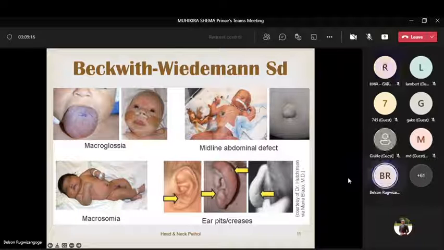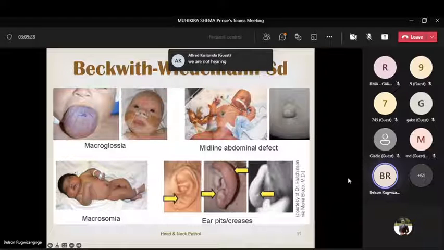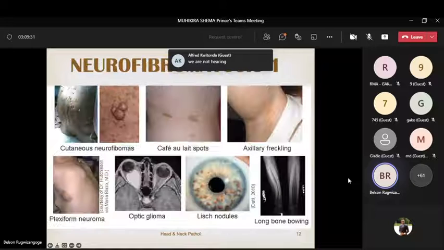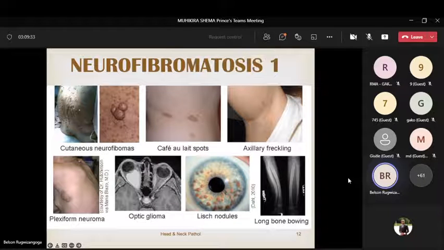Still internet issues. So macrosomia, meaning the child looks like obese. This neonate has ear pits and creases, or something like fissures in the ears, and so on. So there is a syndrome now.